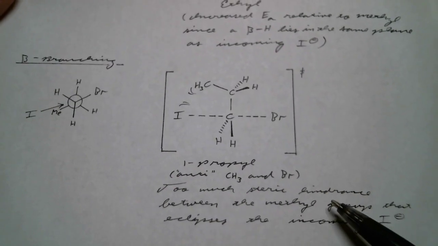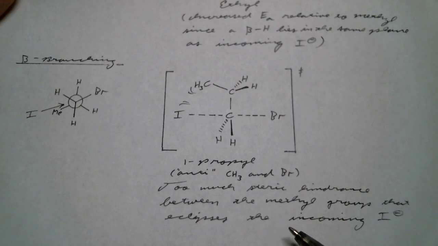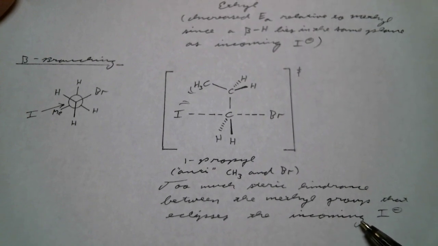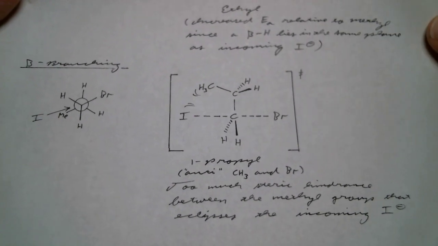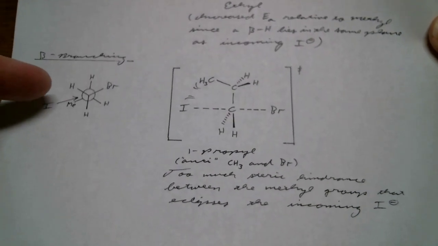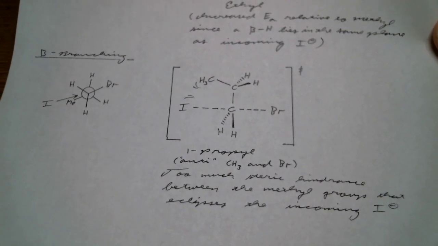There's too much steric hindrance, believe it or not, in this transition state between the methyl group and the incoming iodide nucleophile. We have to change our staggered conformation of our 1-bromopropane in order for this reaction to happen.